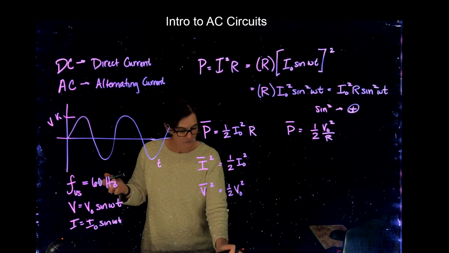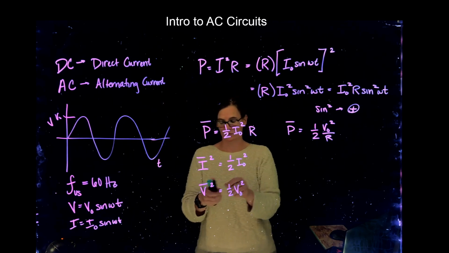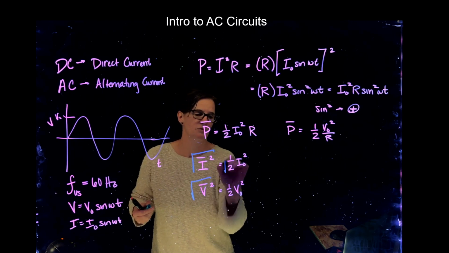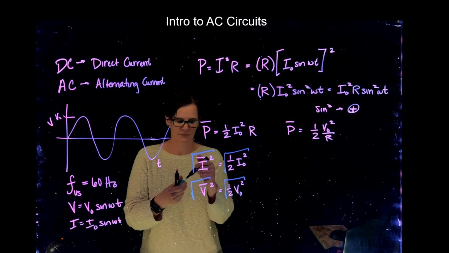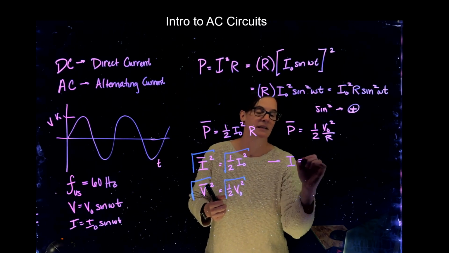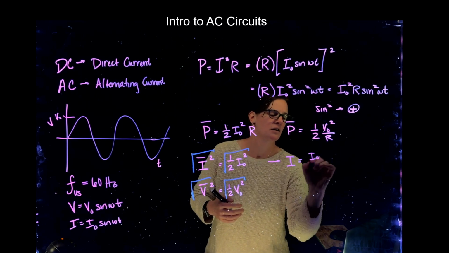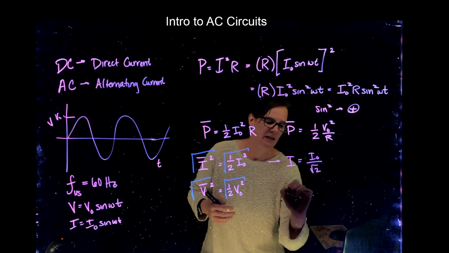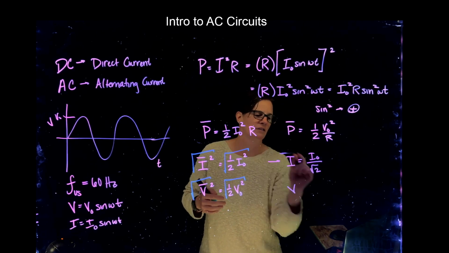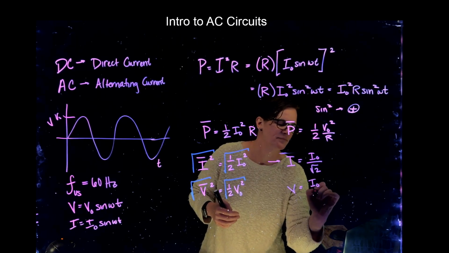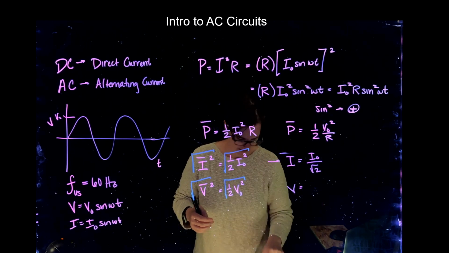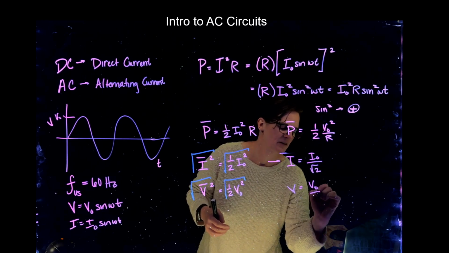If I take the square root of both of these relationships, we find that the average current is I naught over the square root of 2, and similarly the average voltage is V naught over the square root of 2.